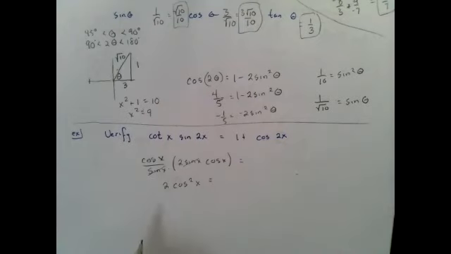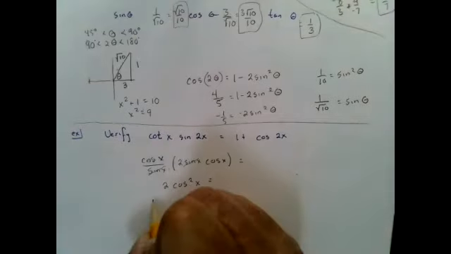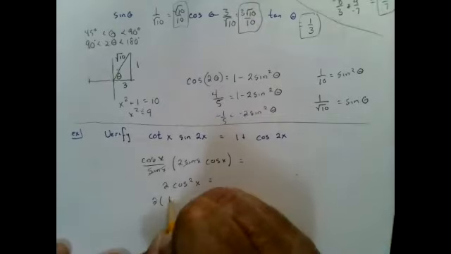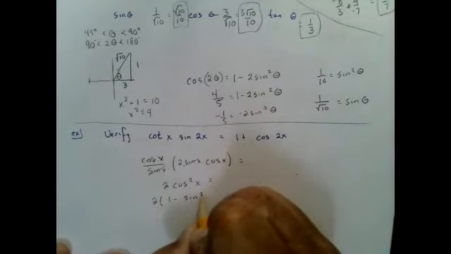I did it a little while ago on the first page. Use the Pythagorean theorem. What would cosine squared equal? Would you go 1 minus sine squared? Excellent. 1 minus sine squared of X.